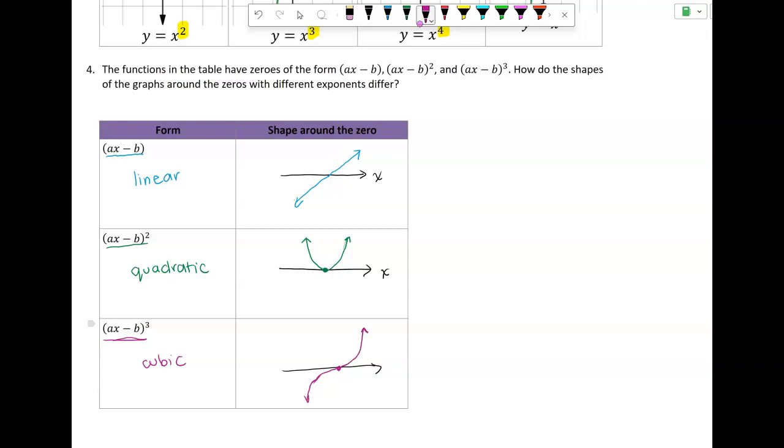So it has half of a parabola here, hits the x-axis, and then has the other half of the parabola on the other side of the x-axis going the other way. These three different shapes around the zeros are going to be important for today, so keep that in mind.